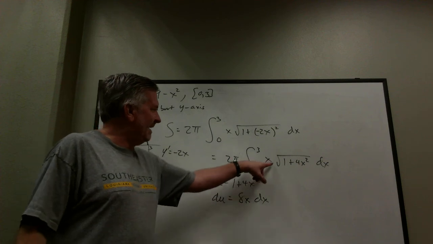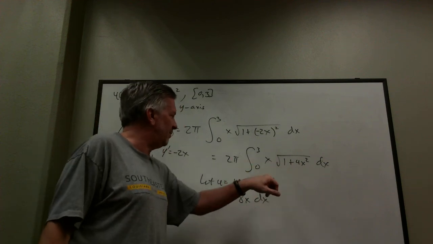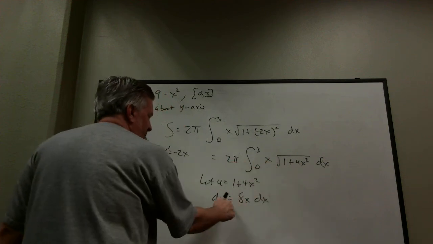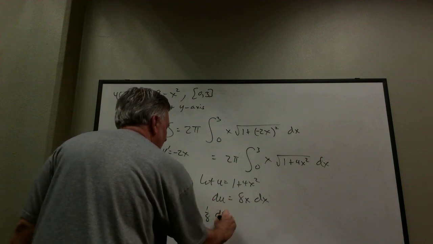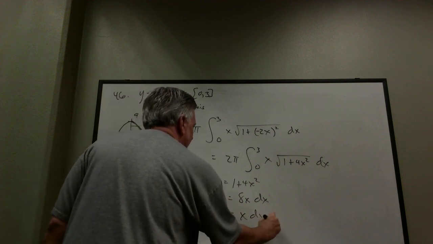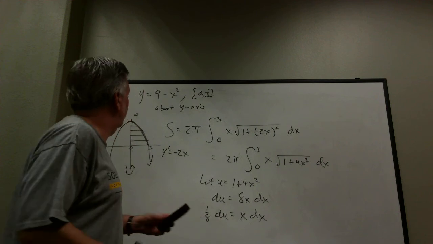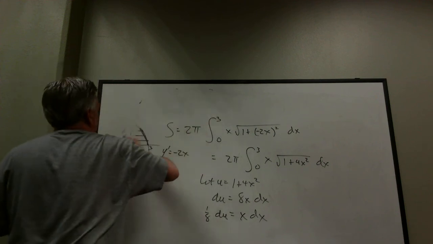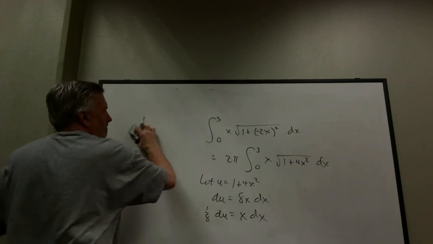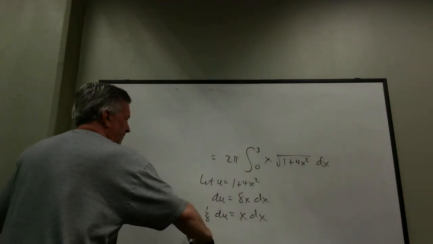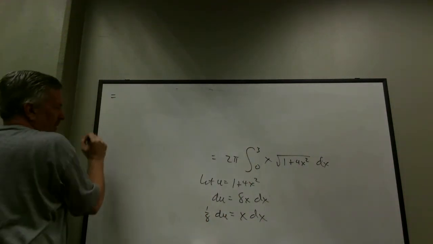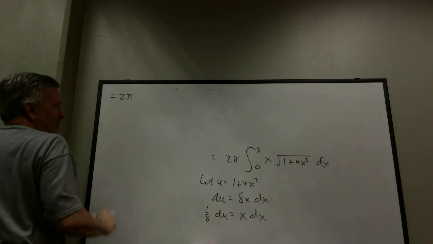Now, I don't have an 8x. Again, I like to make this match what I have in the problem. I just have an x. So I'm going to multiply both sides by 1/8. I'm just going to continue up here. Okay, so I have my 2 pi.